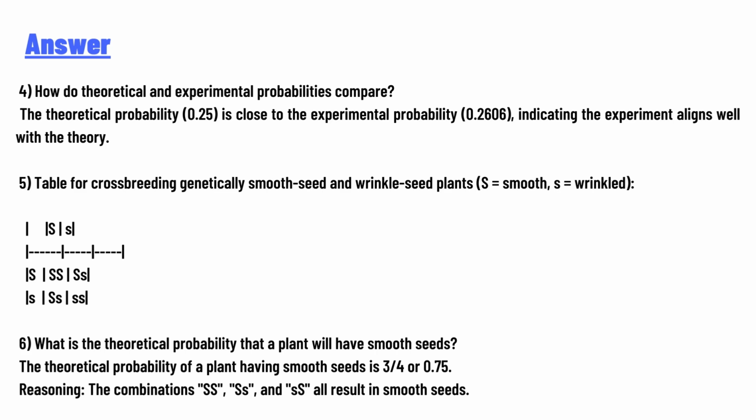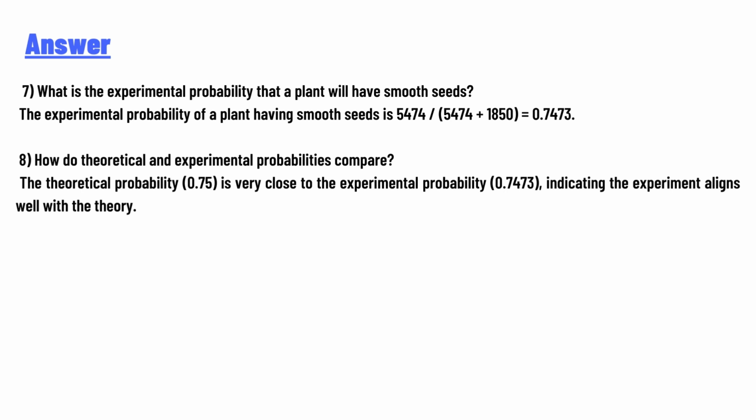Five, table for crossbreed: genetically smooth seed and wrinkled seed plants, Ss and Ss. Six, what is the theoretical probability that a plant will have smooth seed? The theoretical probability of a plant having smooth seed is 3 over 4 or 0.75. Reasoning: the combinations SS, capital S small s, and small s capital S result in smooth seed. Seven, what is the experimental probability that a plant will have smooth seeds?